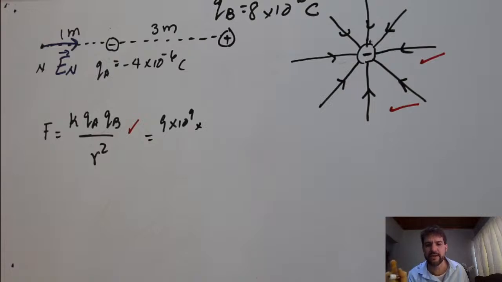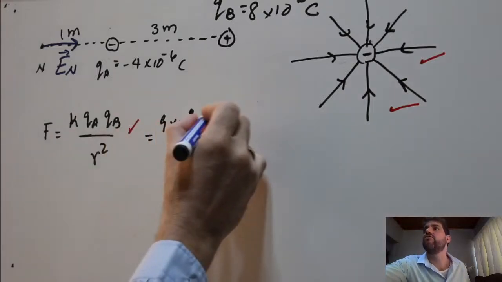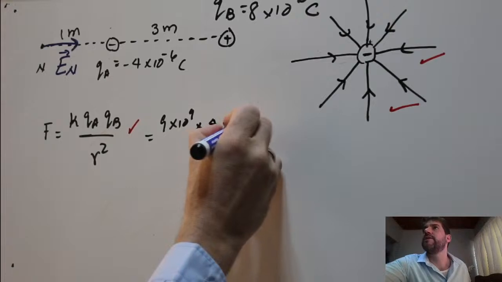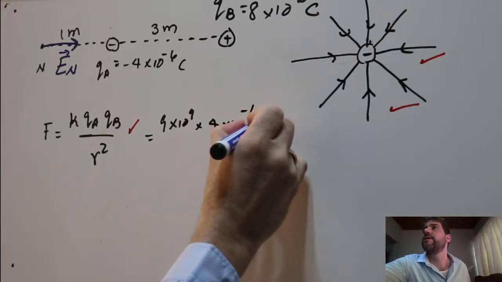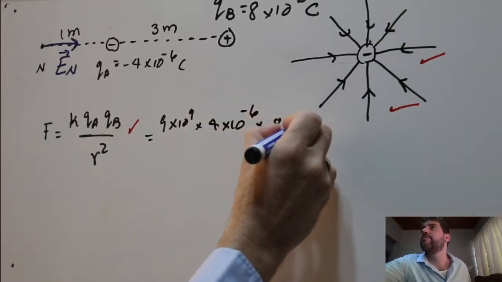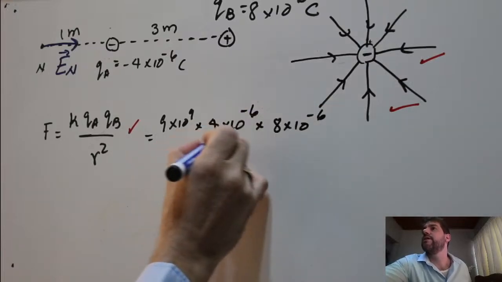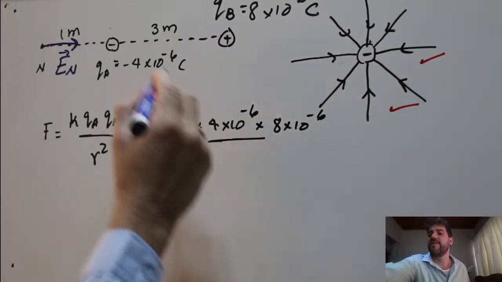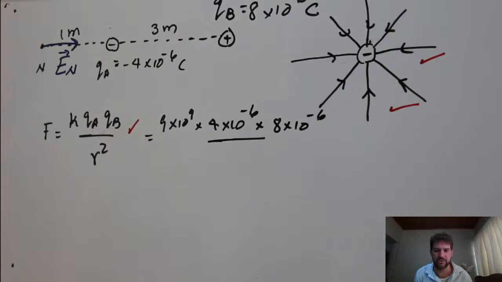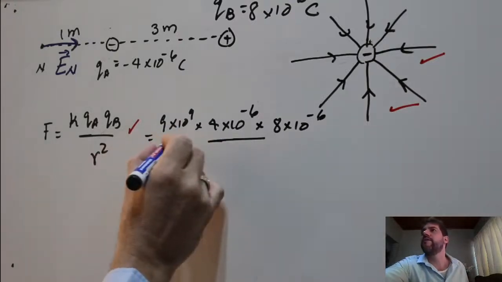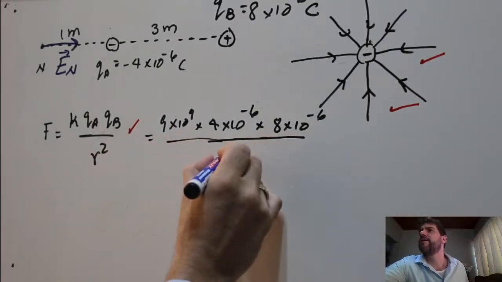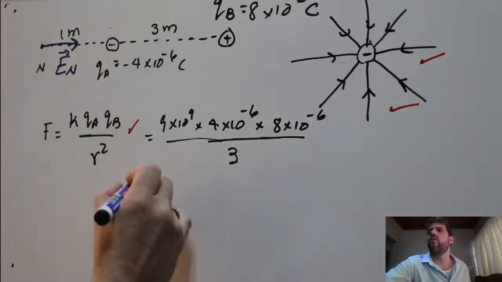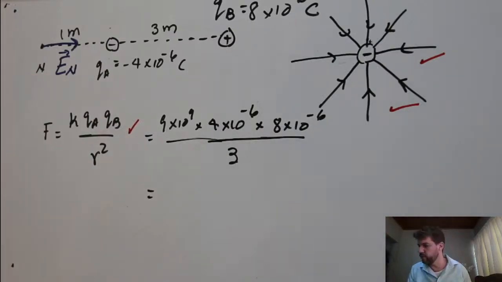So it's going to be 4 times 10 to the -6 times 8 times 10 to the -6 divided by the distance, which is 3 meters. It's already given in meters. You don't have to convert anything. So everything divided by 3. Right. Now let me calculate this one real fast.